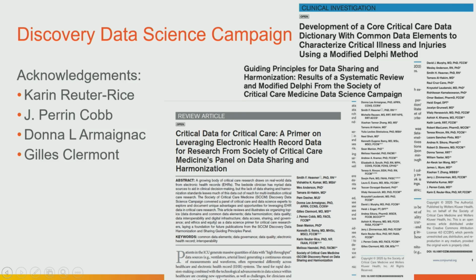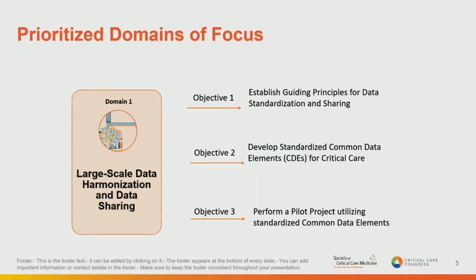There's a lot, and the guiding principles document in particular has a monster appendix attached to it. I encourage you to read those, but today I'm going to focus on Critical Data for Critical Care, our primer on data science for clinicians. The data science campaign, specifically domain 1, under which this work rests, focused on 3 objectives.